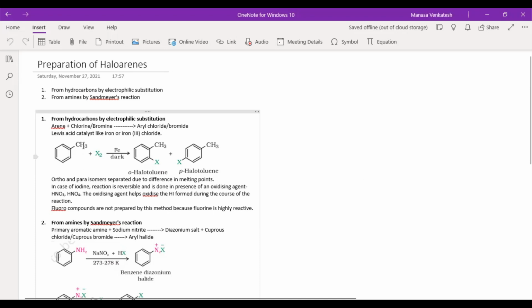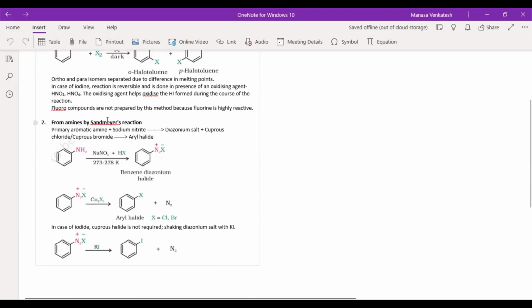We talked about chlorine, bromine, and iodine, but we didn't talk about fluorine. This is because this method cannot be used for the synthesis of fluorine substituted aryl halides, because fluorine is highly reactive in nature. Next is from amines by Sandmeyer's reaction.